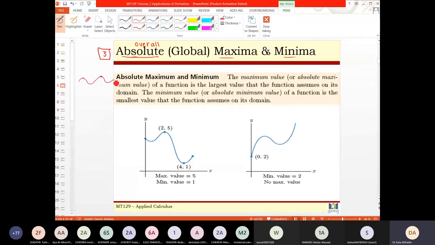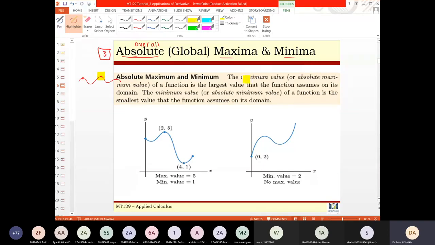This is a maximum, and this is a maximum, and this is a maximum. The highest of them we call the absolute maximum, the one that is higher than all other maximums. We are going to call it the absolute or the overall maximum or overall minimum point.